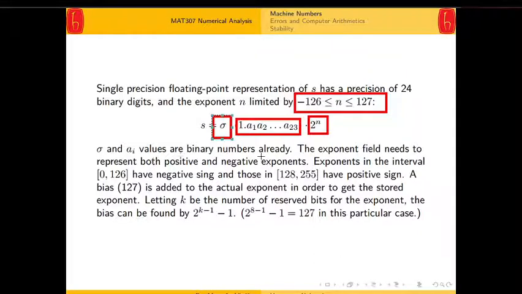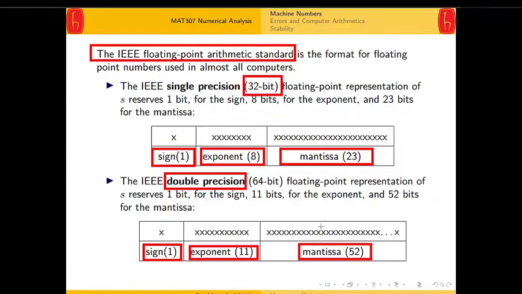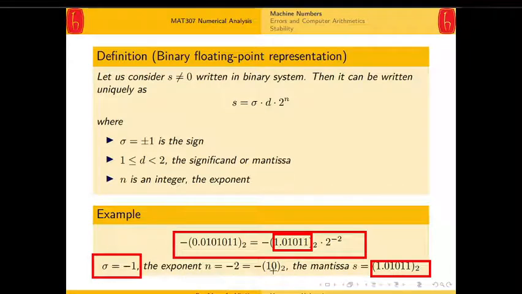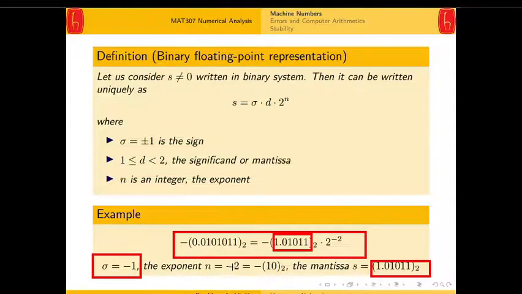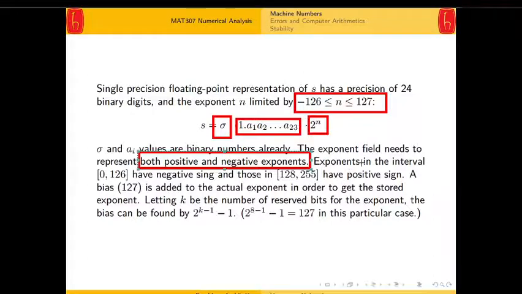The exponent field needs to represent both positive and negative exponents, because in the previous examples, we had a negative exponent here and a positive exponent there. So the exponent can be either positive or negative. The exponents in the interval from 0 to 126 have negative sign, and those in 128 to 255 will have a positive sign.